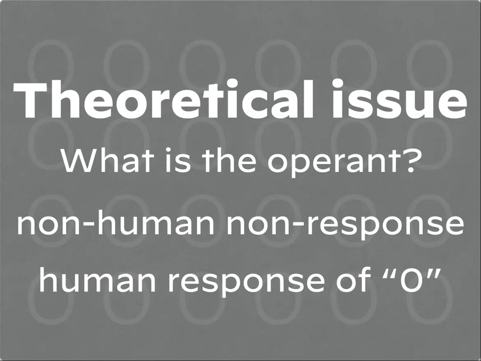Is that an actual response, or is it the lack of a response? I would err on the side of saying that any response from a participant should be treated as a response. This is verbal behavior. The participant is telling you their preference and their projected consumption profile.